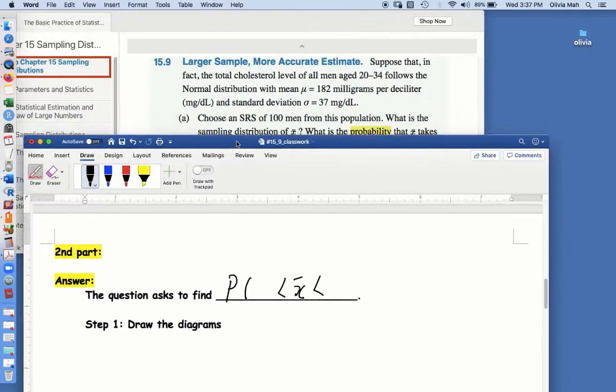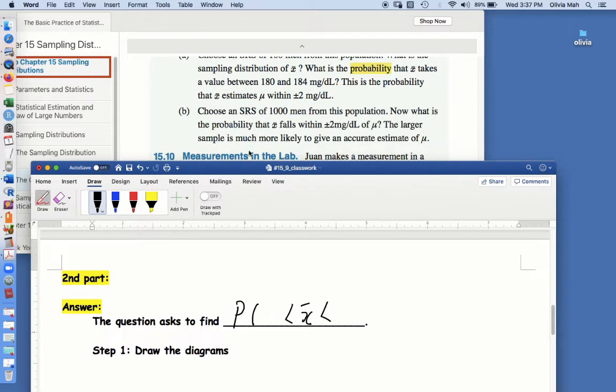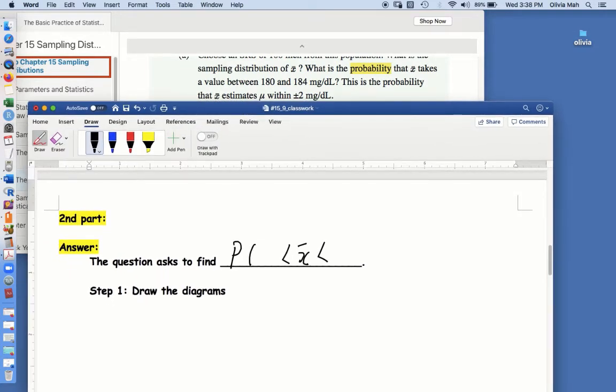I think the two numbers are 180 and 184. So what's the proportion of all sample means that fall between 180 and 184? You can think about this as what's the proportion of all sample means that lie between these two values, or what's the proportion of your sample mean, the one that you have, that falls between these two numbers.